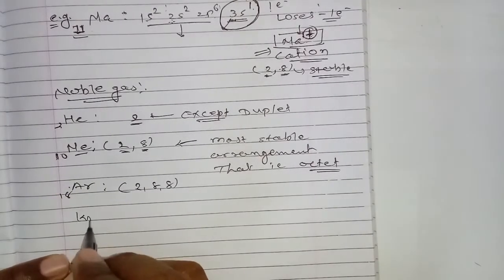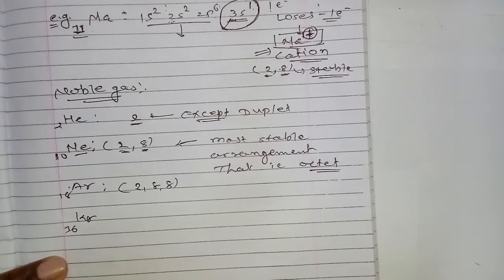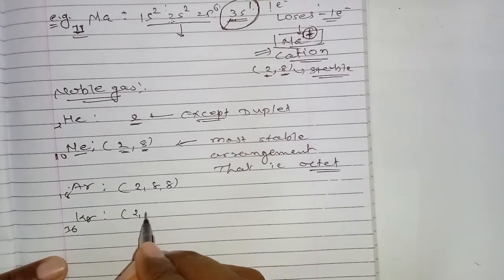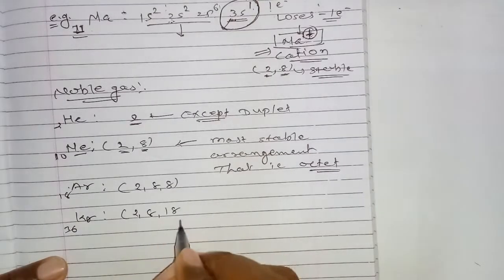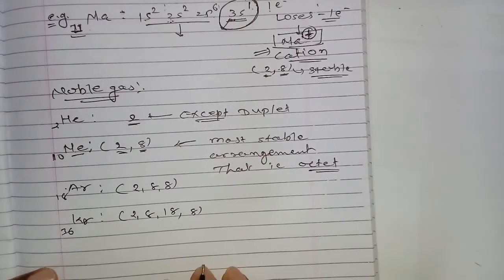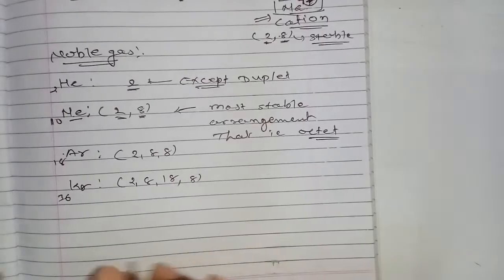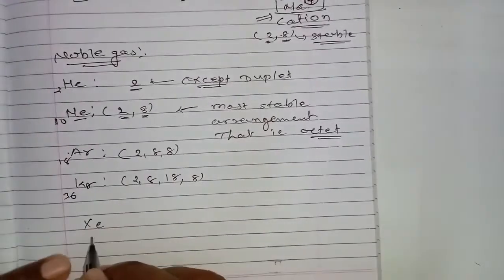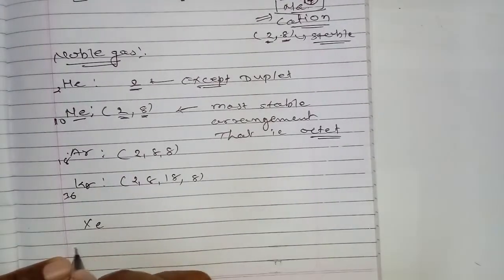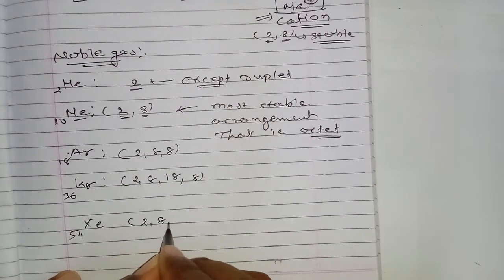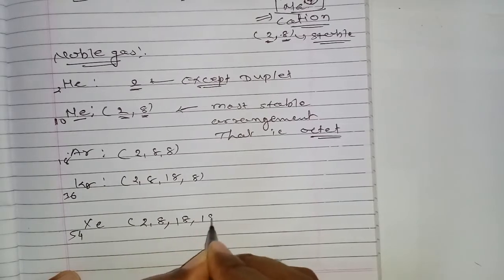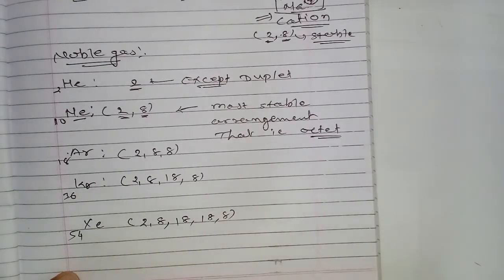For krypton, 36, its electronic configuration will be 2, 8, 18 and 8. For xenon, Xe, its atomic number is 54, 2, 8, 18, 18 and 8.